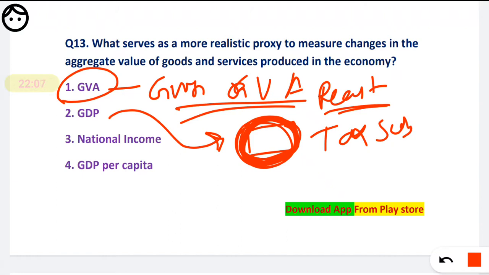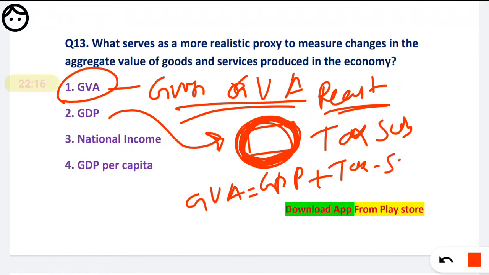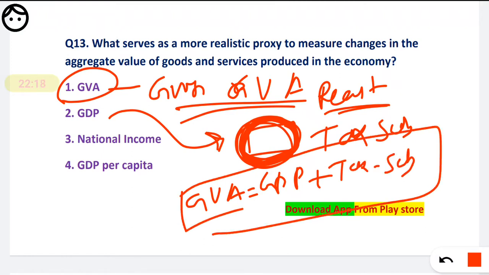But in case of GVA, the formula is GDP, we add the taxes and subtract the subsidies, because taxes are paid to the government, so that is our income, and subsidy is given by the government to us, so we subtract it because this is not our income. So we have to find the exact output. That's why GVA is more important, because here we consider the taxes and the subsidies.